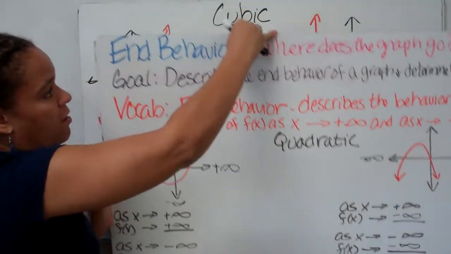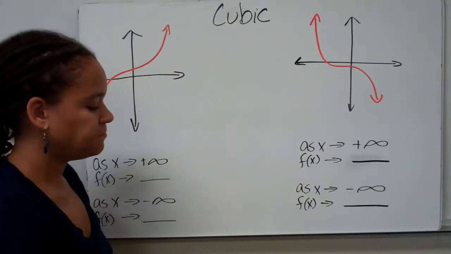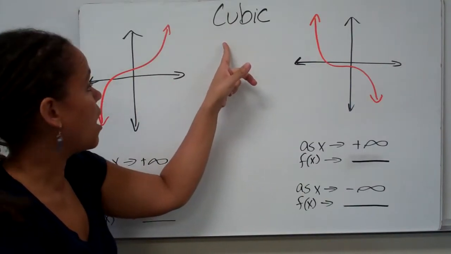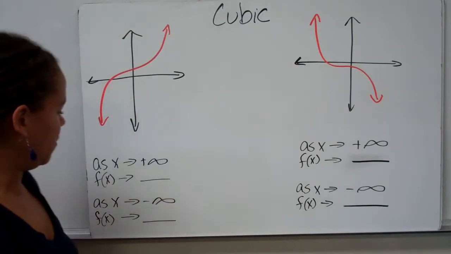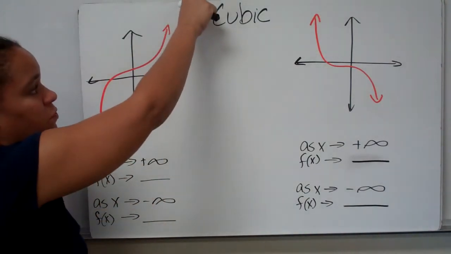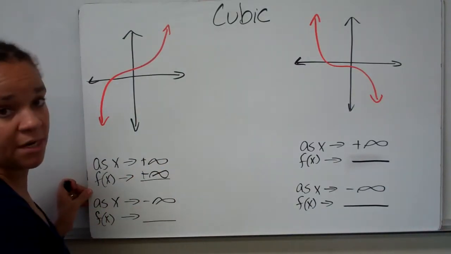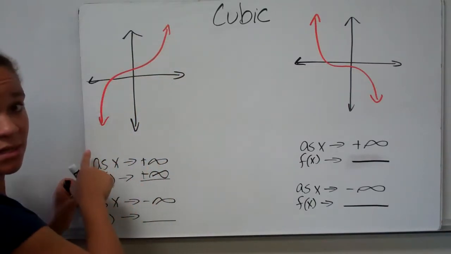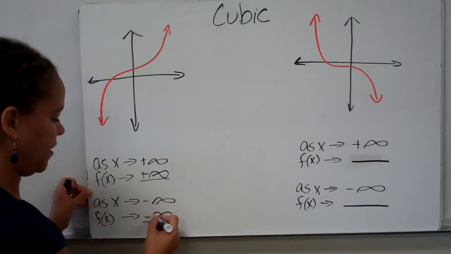Let's look at a couple of graphs that you should know the shapes of. So here we have a cubic graph, and notice here we talk about the end behavior as x approaches positive infinity. So if I'm traveling up to the right, well, of course, the graph is approaching positive infinity. And as x approaches negative infinity, so as I travel to the left, the graph f of x approaches negative infinity.